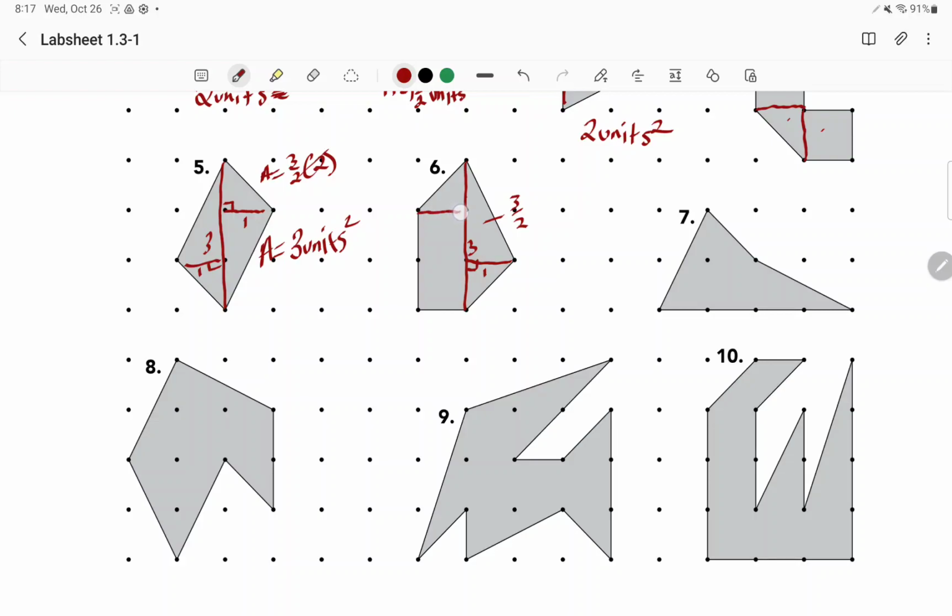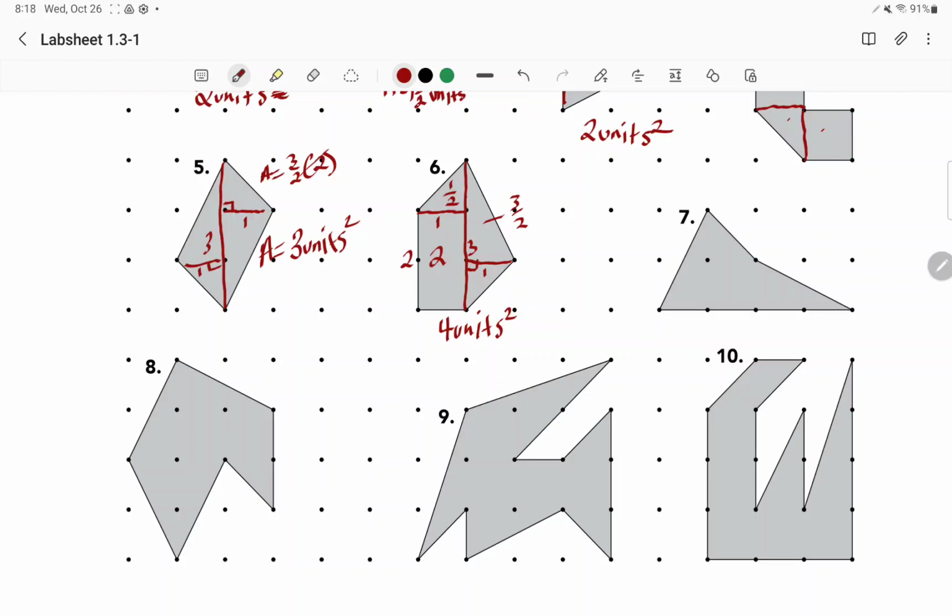Then I would make this rectangle, a 2 by 1 rectangle, so this has an area of 2. And this is a 1 by 1 triangle, so 1 times 1 divided by 2, this has an area of 1/2. So you would have 1.5 plus 1/2, that's 2, plus 2 is 4. So you should have 4 units squared on this one.